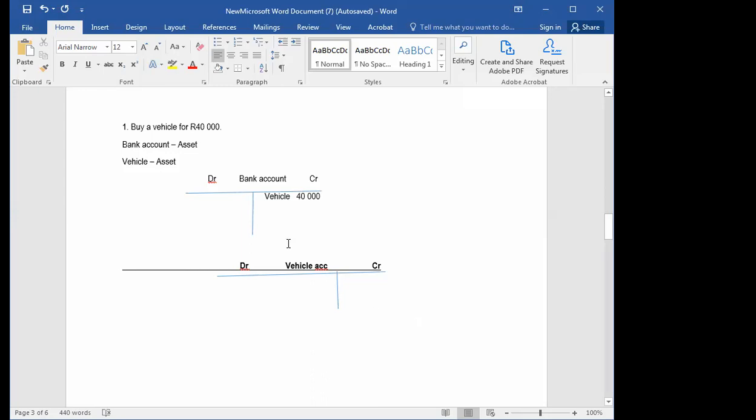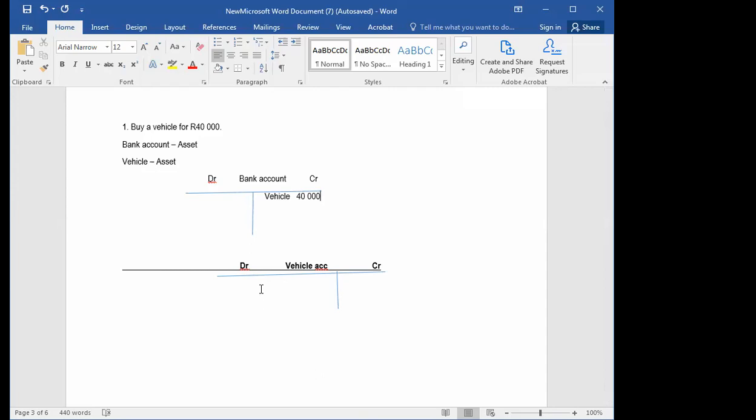All right. And now vehicles, for the fact that we bought these vehicles, the more there is an addition, the more vehicles will increase. For example, we have two vehicles in our business, and then we decide to buy another one.